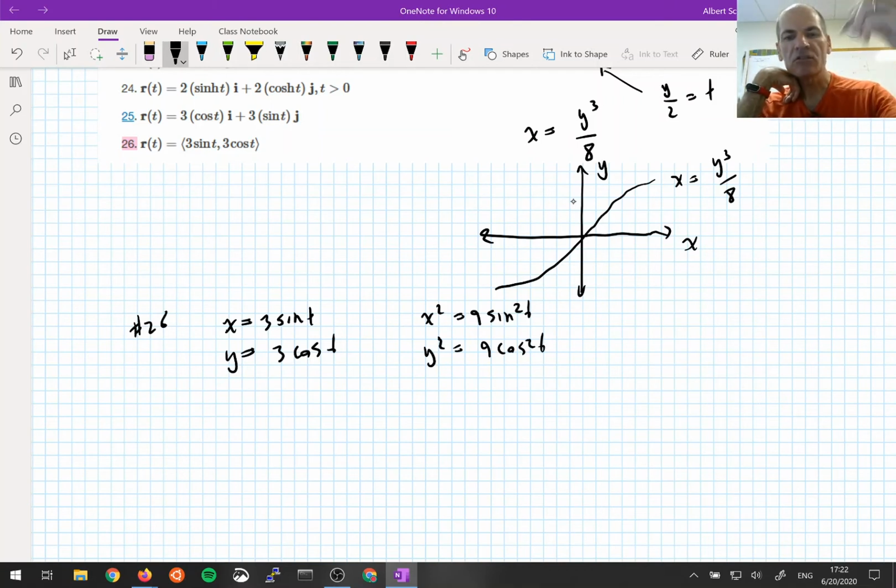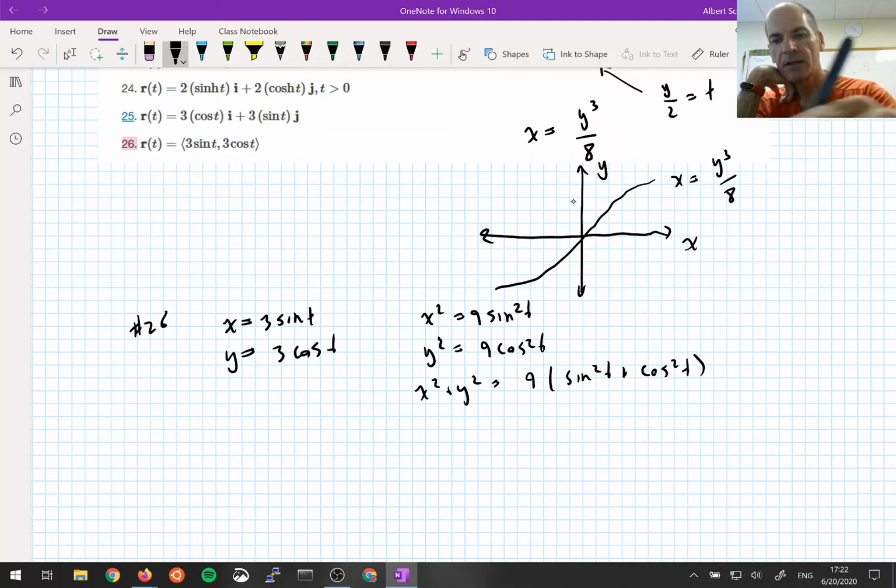Why am I doing this? Well, if I add the two equations together, x squared plus y squared equals 9 times sine squared t plus cosine squared t, and then use the Pythagorean trig identity, I get that x squared plus y squared equals 9. That's a Cartesian equation.